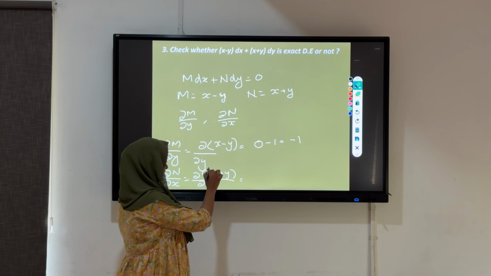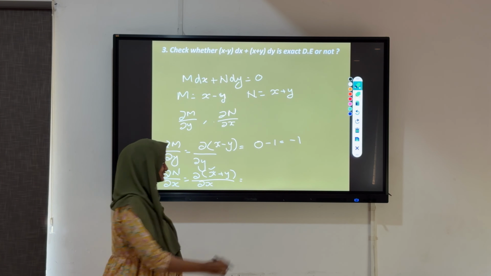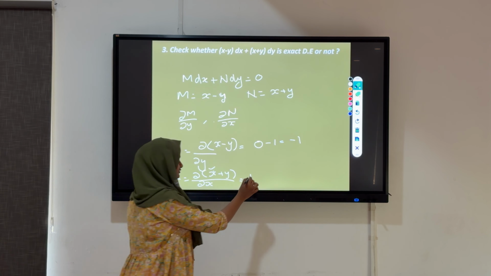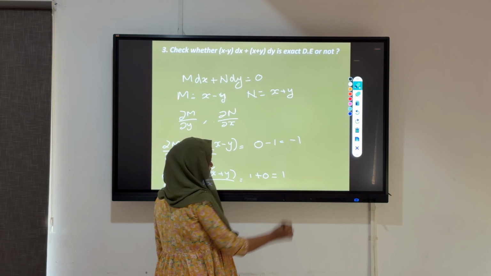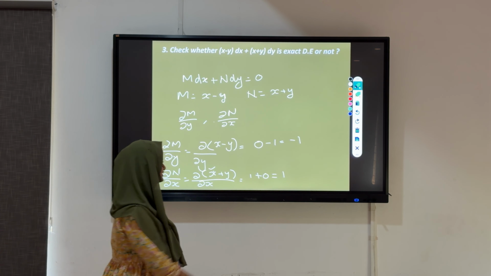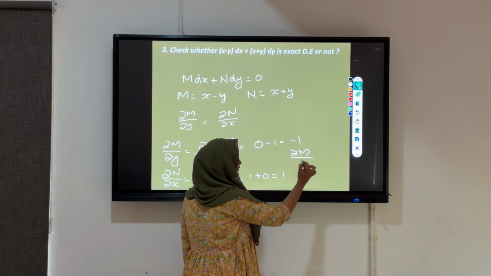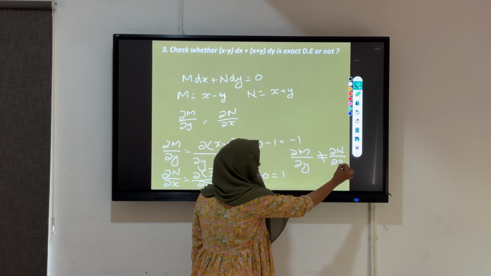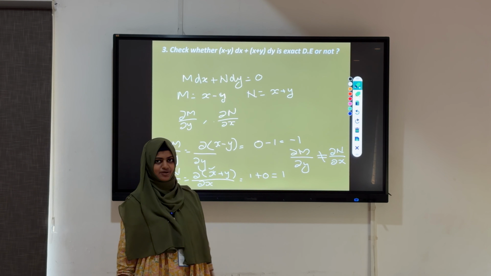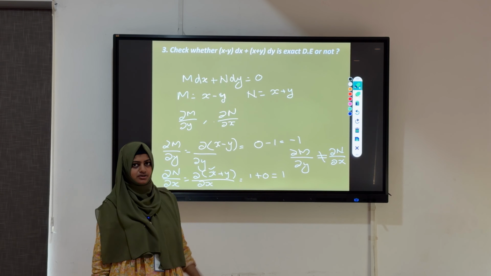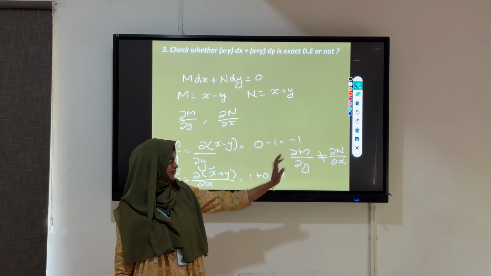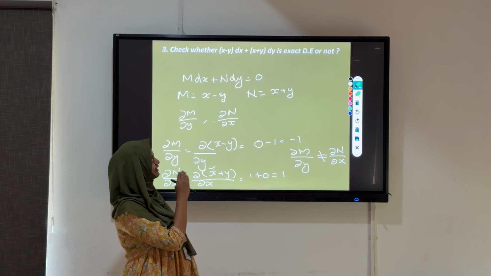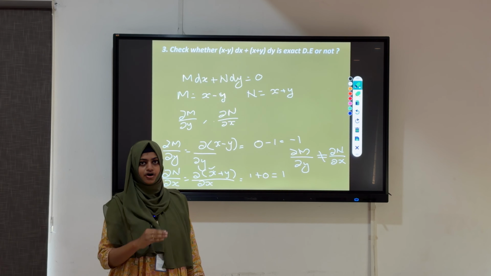Here the derivative of x with respect to x is 1, and y is considered a constant, so its derivative is 0. That's 1. So dou M by dou y is not equal to dou N by dou x, because here we get minus 1 and here we get 1. They are not equal. That means the given differential equation is not exact.